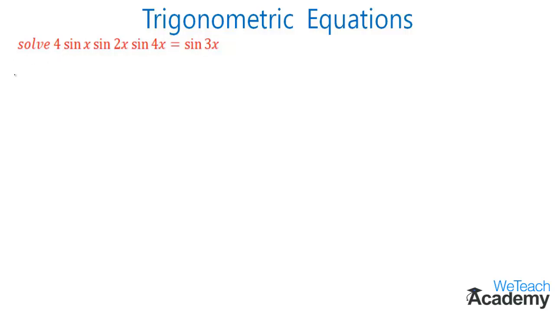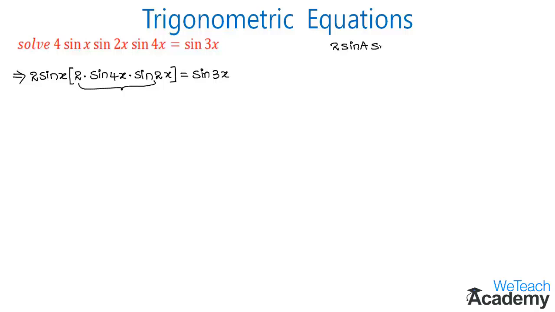So first let us try to group this equation. So here we get 2 sin x into the next term is 2 into the last term, which is sin 4x, into the middle term sin 2x is equal to sin 3x. And here in this term we can use the formula for transformation of product into sum, that is 2 sin a into sin b is equal to cos a minus b minus cos a plus b.